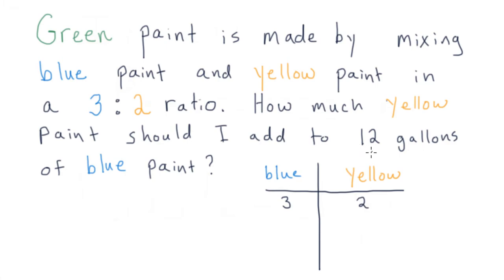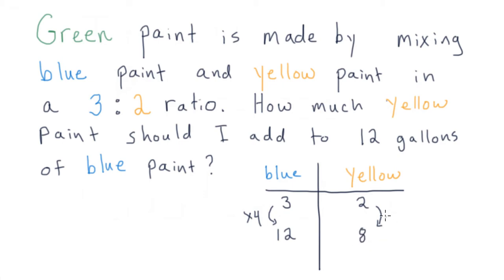If I want to know how many gallons of yellow paint I should add to 12 gallons of blue paint, well, how do I get to 12 from 3? I can just multiply by 4, and then I get 12. Then I just do the same thing to the gallons of yellow paint, and I get 8.